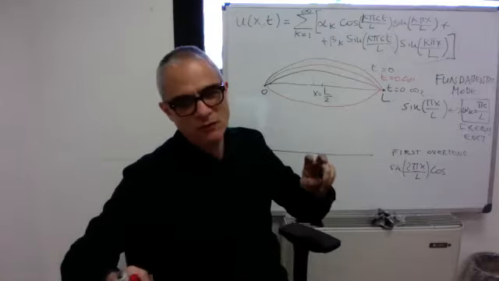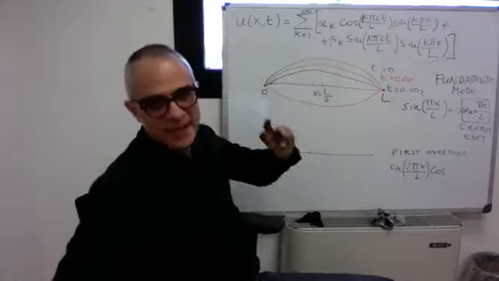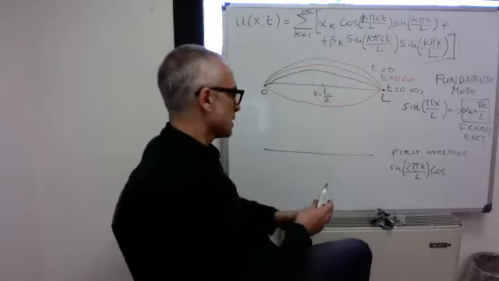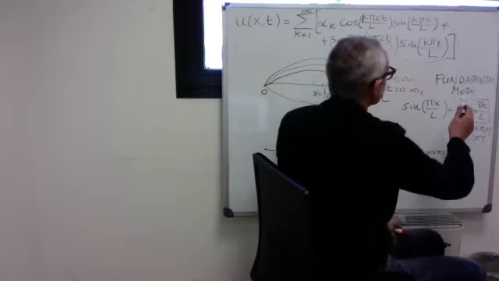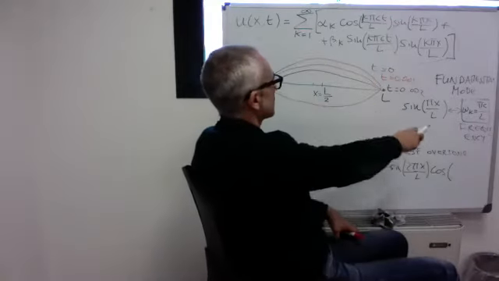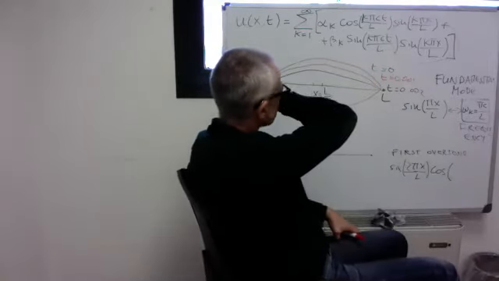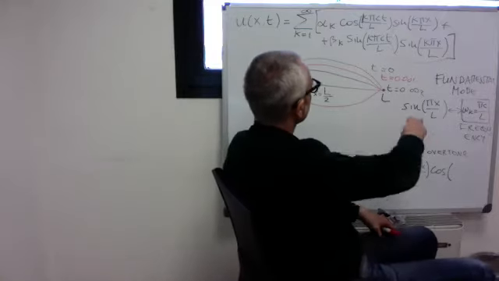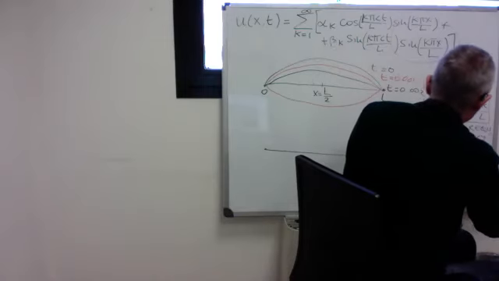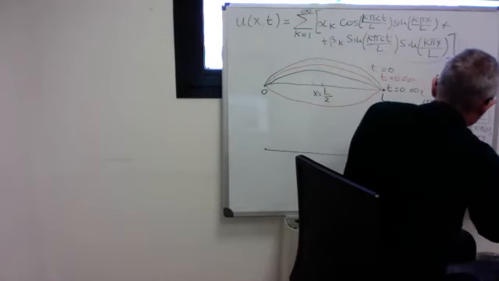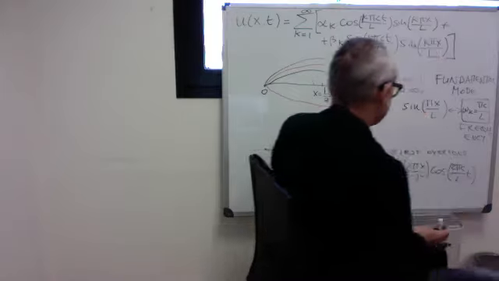So to get the first overtone, now we have to replace k with number 2. Excuse me. Sorry about that. And the cosine, accordingly, we have to multiply the fundamental frequency by 2. So now we have the cosine of 2 pi c over L times time.